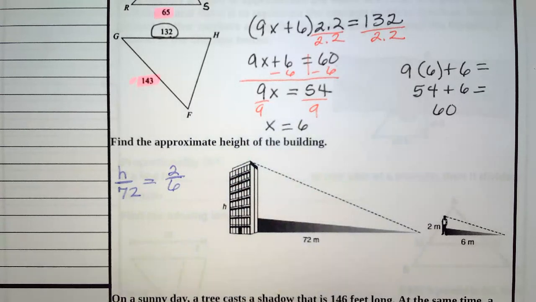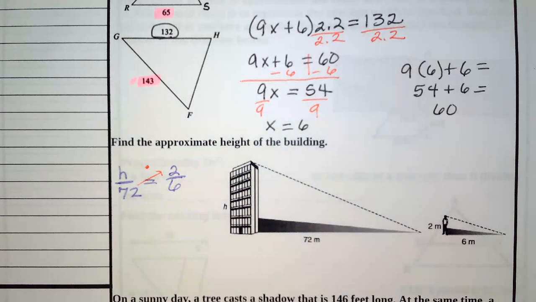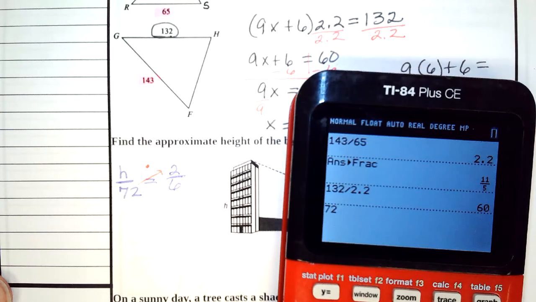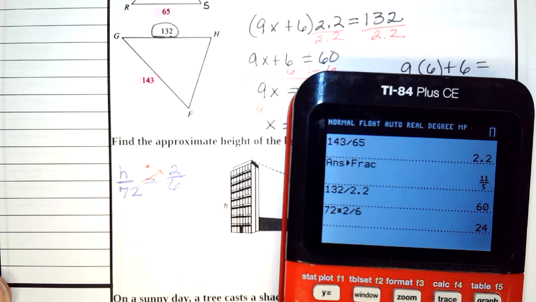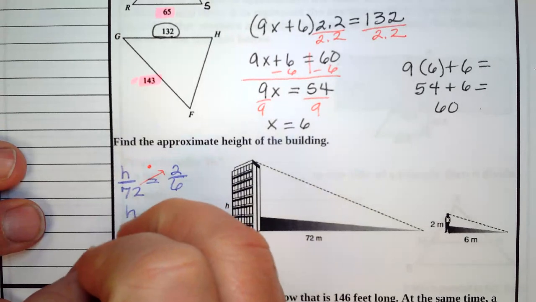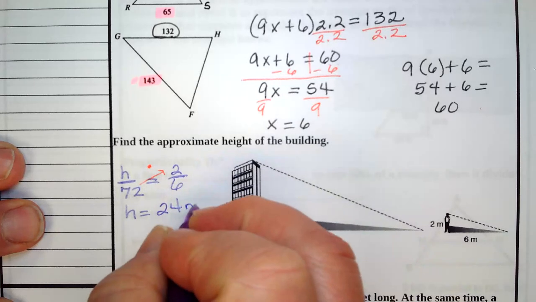And then I could easily find it by multiplying and then dividing. 72 times 2 divided by 6, and I get 24. And that would be meters.